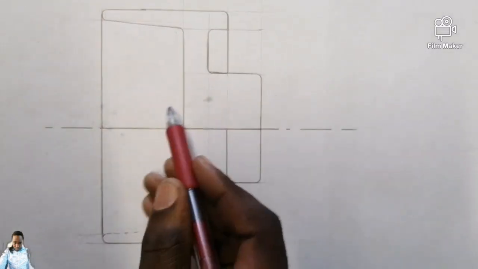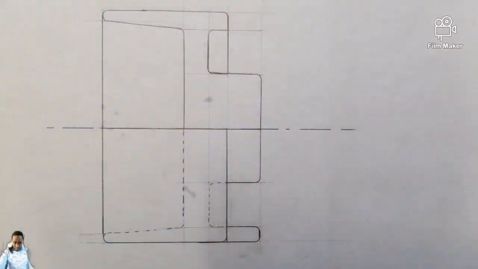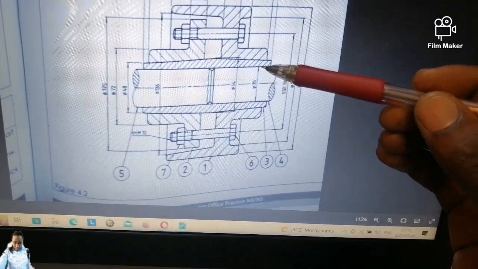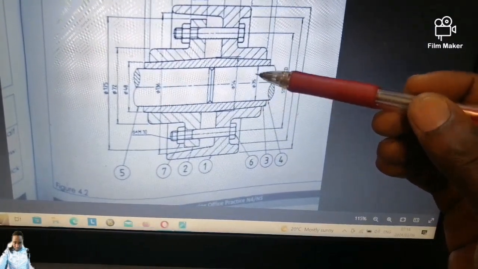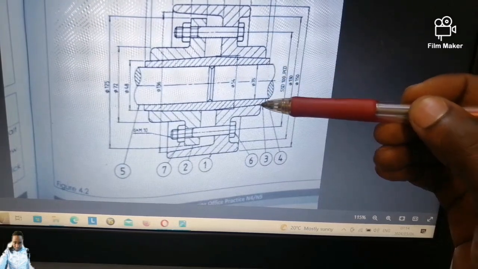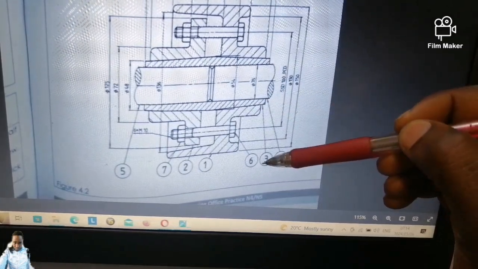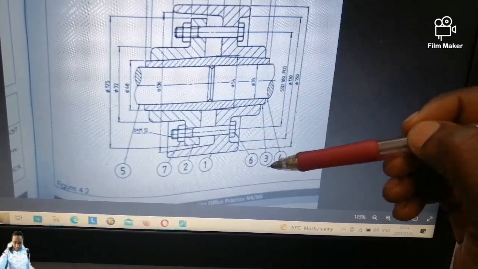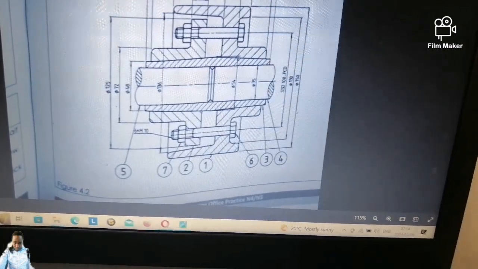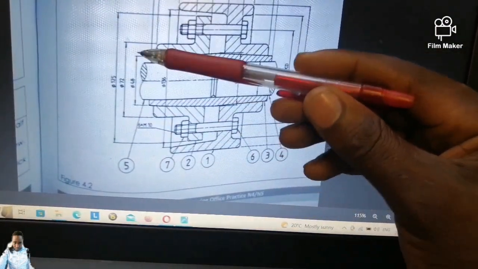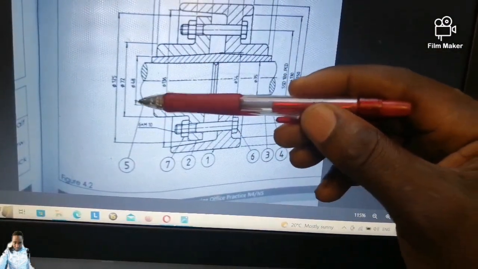Then from there, let's see the hole. What is the diameter of the hole? The diameter of the hole, from here till here, is the diameter of item 3. You see, because this is item 3, the outside diameter of item 3 is diameter 48.